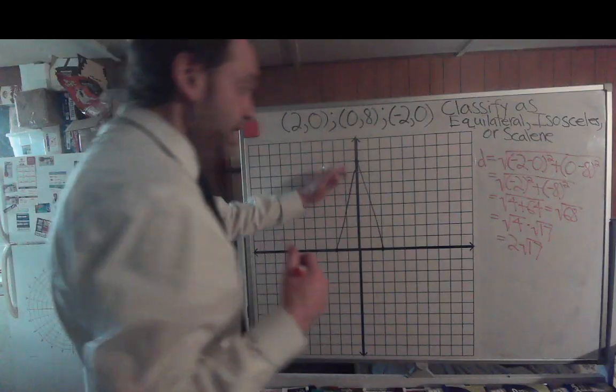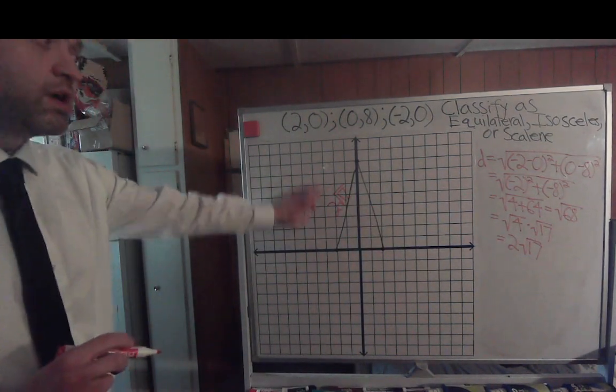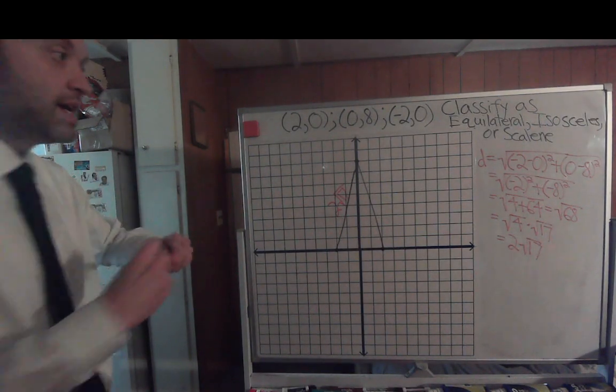So the length between negative 2, 0 and 0, 8 right here is going to be 2 times the square root of 17.